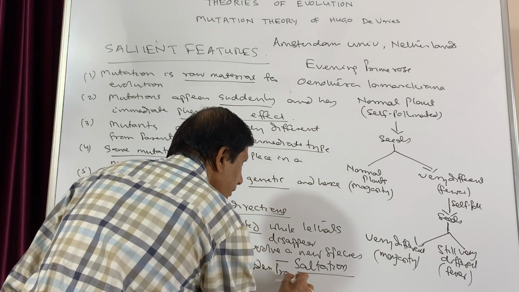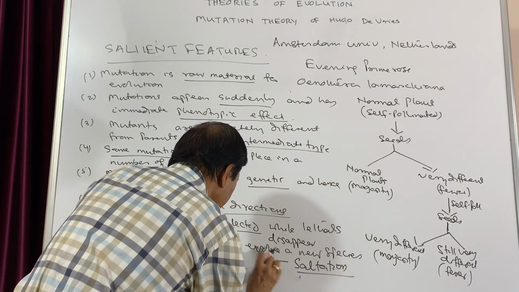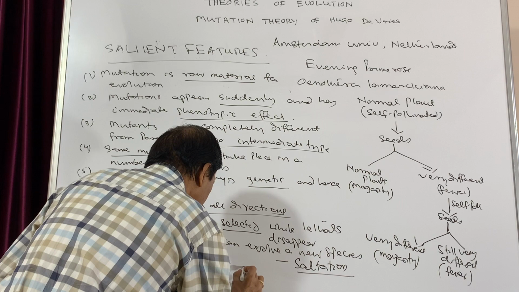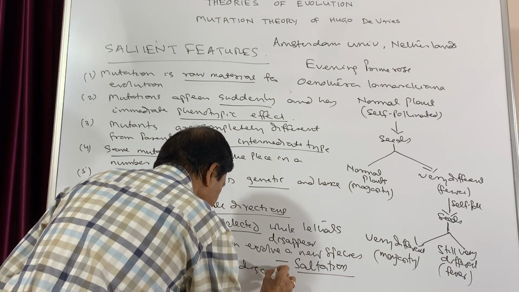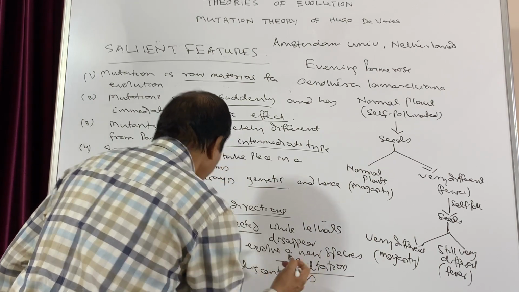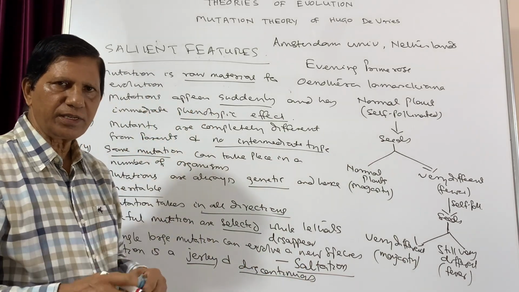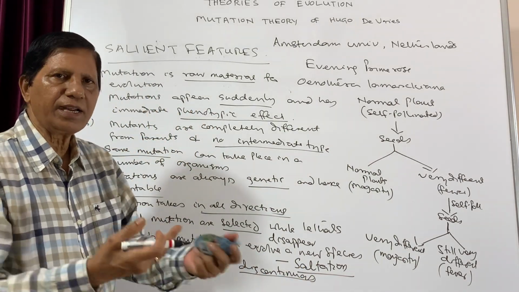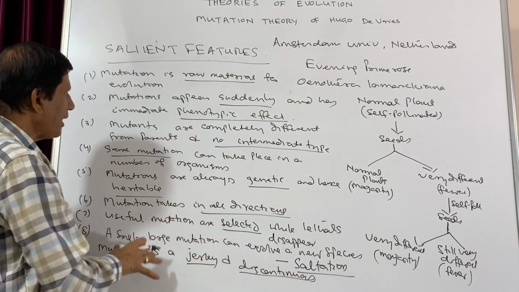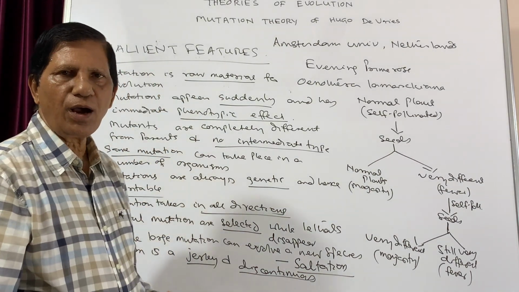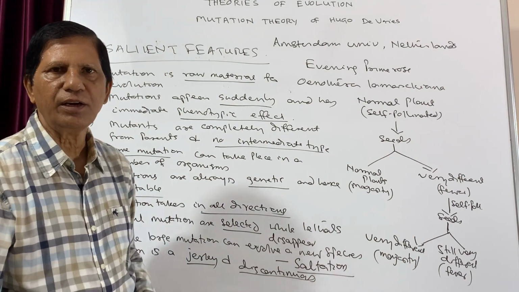That means it may take place, then it may stop for some time, then again it can take place. So these are the important or salient features of the mutation theory of de Vries.